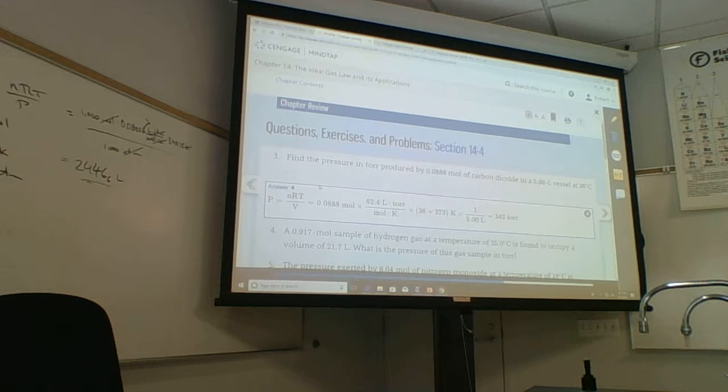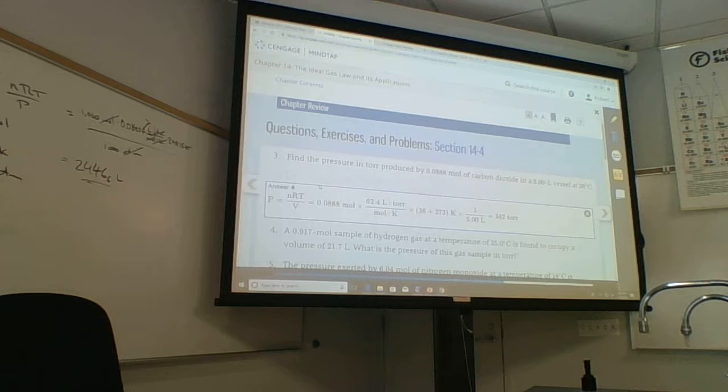In this problem, we're given moles. So n is equal to 0.0888 moles. V is 5.00 liters. T is 36 degrees C, plus 273, which gives us 309 Kelvin.